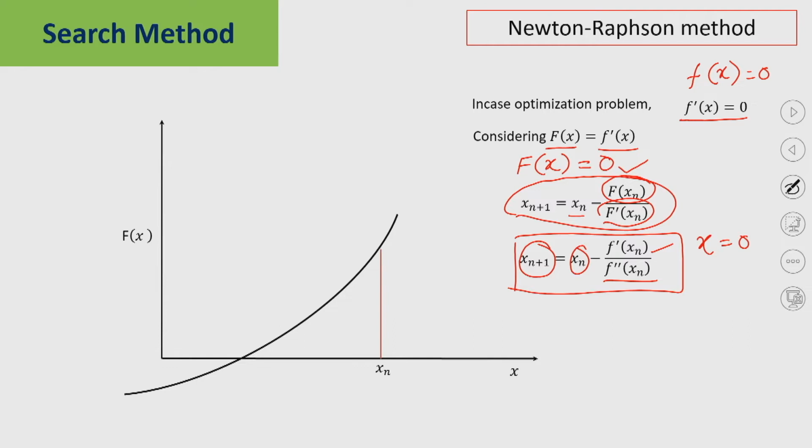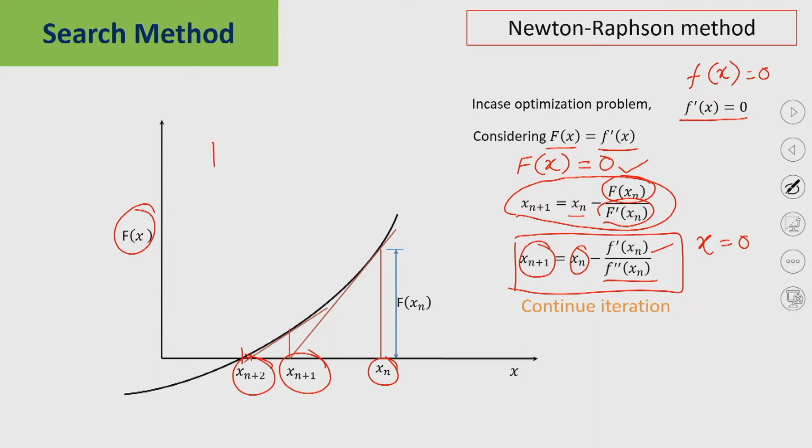So this is your capital F(x), and this is the starting point, and I will approximate x(n+1), and then I will approximate x(n+2). After some iterations I will get the root of capital F(x), that means the solution where capital F(x) equals 0, and that means the first derivative is equal to 0.